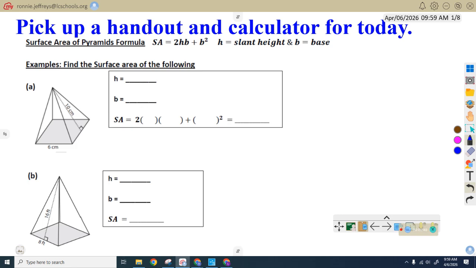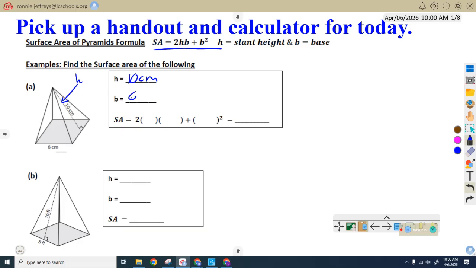All right. Surface area of a pyramid. So, this is the formula. H is the slant height. It's going to be really easy to tell what the slant height is because it's always going to be on a slant. So our H right here is 10 centimeters.